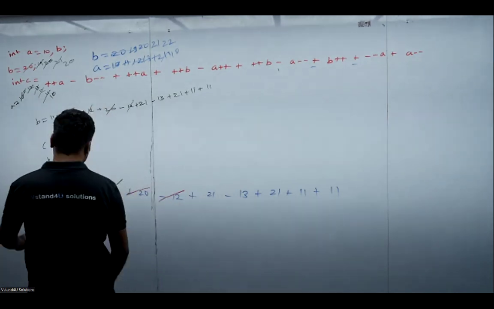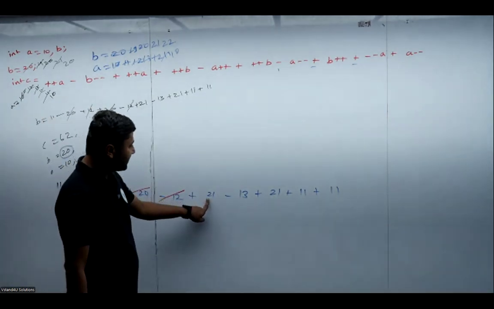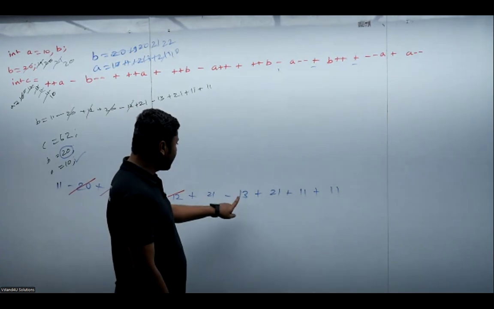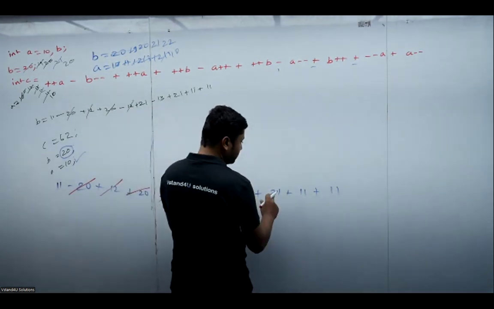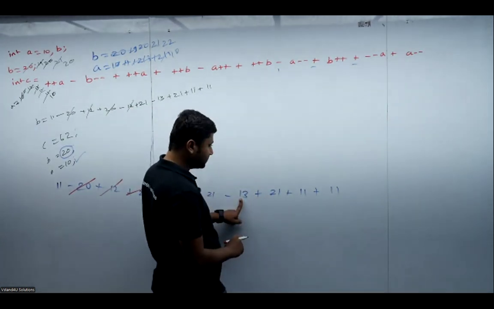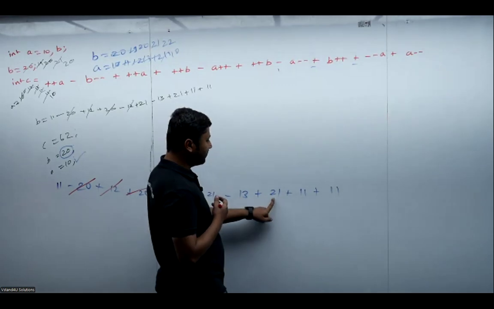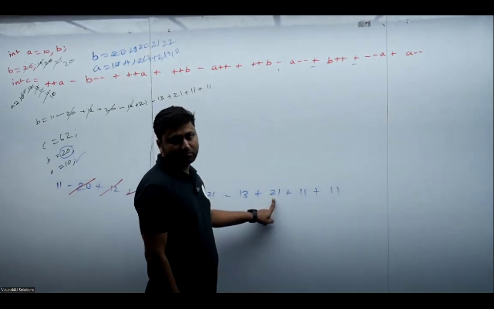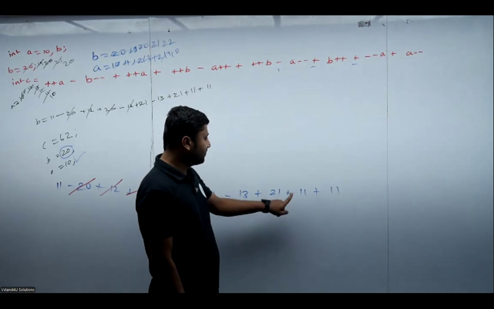Let's start. 11 plus 21 makes 33, minus 13 makes 20. 32, sorry, 32 plus 21, 53 plus 22.